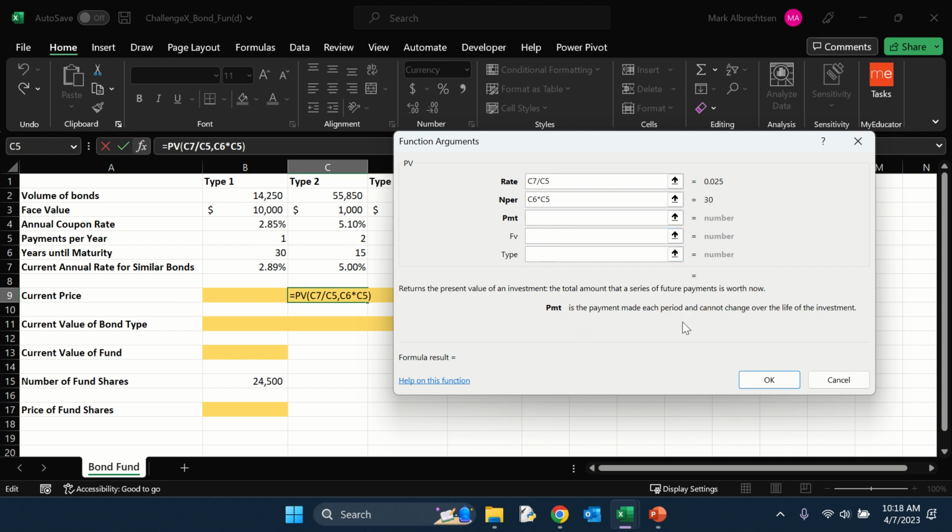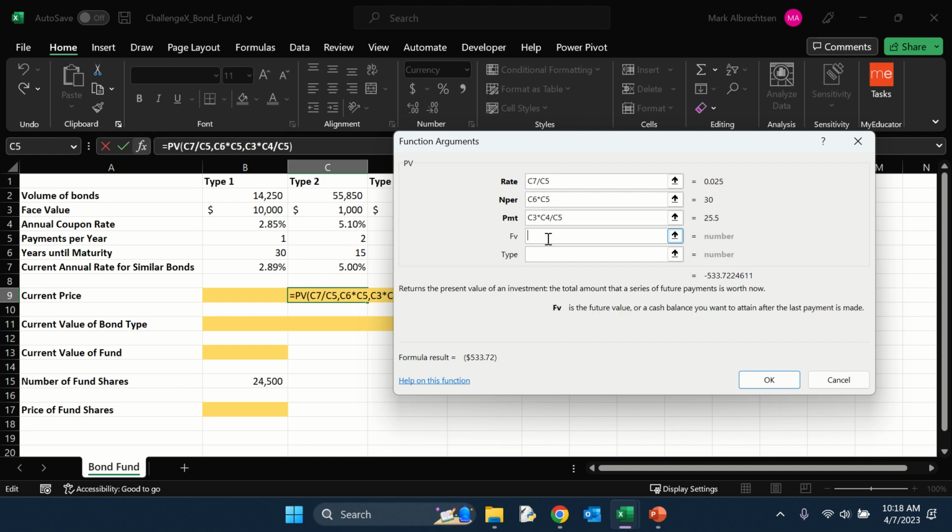Okay, payment is the payment made each period. So this is going to be our coupon payment that we receive each period. With bonds, that is calculated by the face value of the bond multiplied by the annual coupon rate. And then since this is an annual rate, we're going to want to divide that by the number of payments per year so that we get the payment made each period.